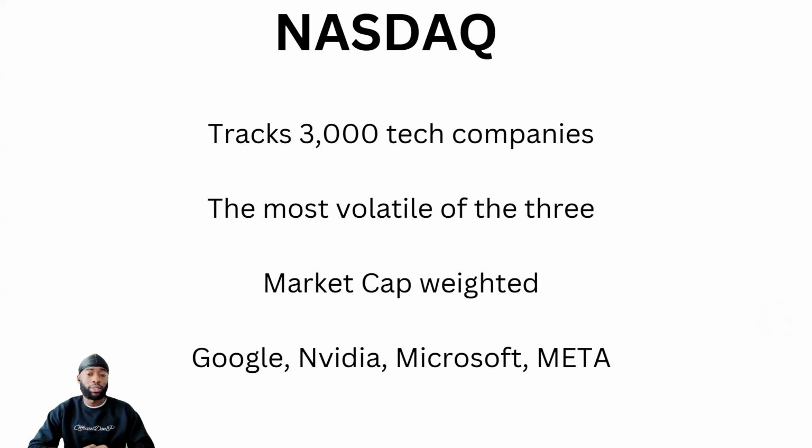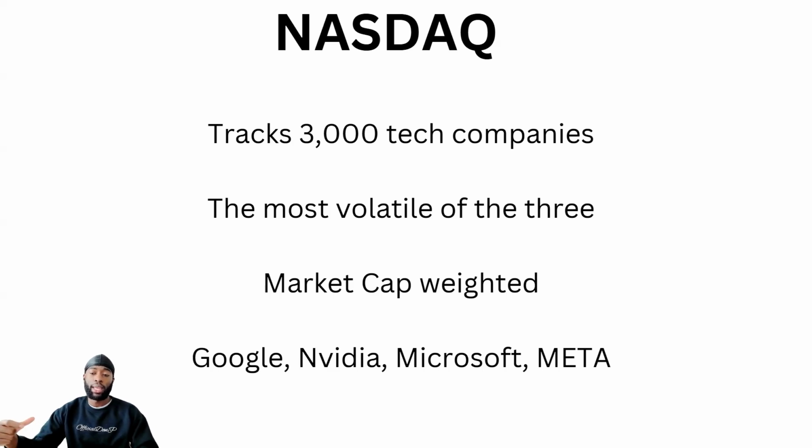This one, I've actually traded before when I used to day trade. When they say it's volatile. And it's also market cap weighted. All right, what does that mean? Depending on how a company moves is based off its market cap.